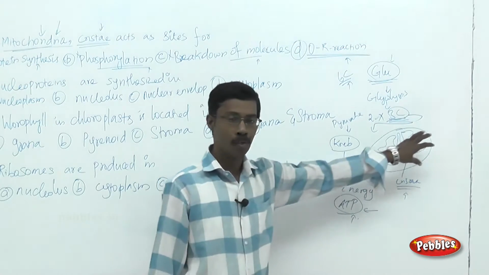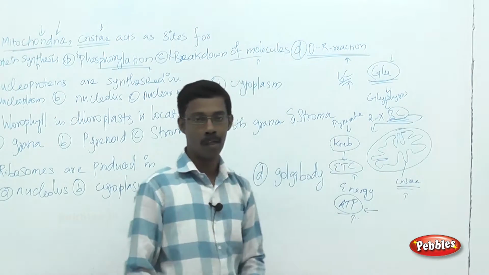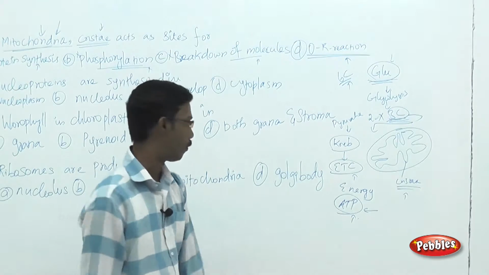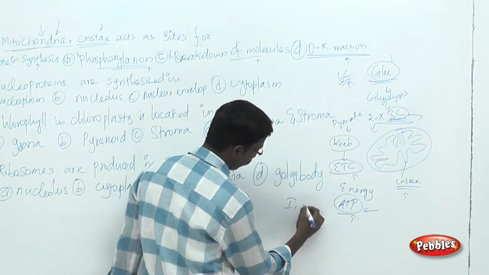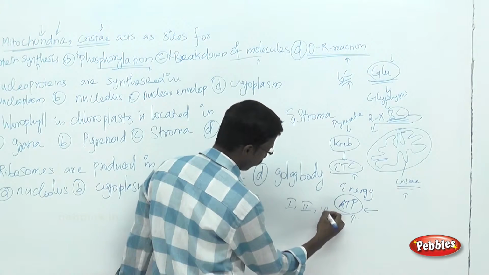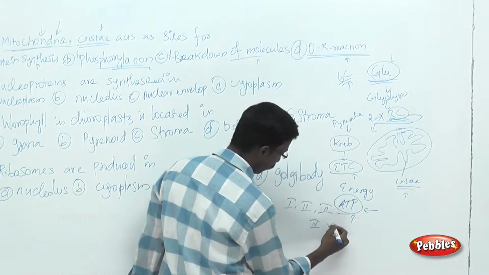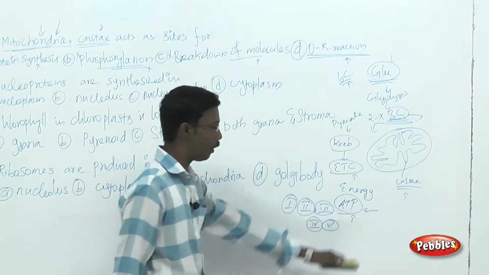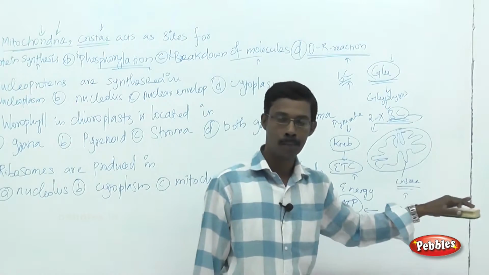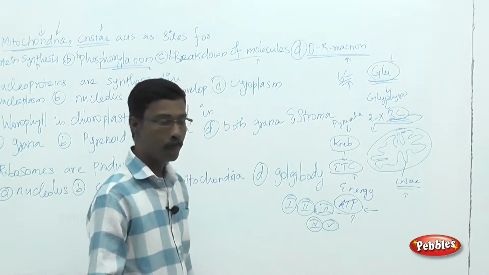In the cristae there are many groups of enzymes, many groups of proteins. We can classify them as Roman numerals 1, 2, 3, 4 and 5. There are 5 complexes of proteins present in the inner membrane, and those complexes are involved in ATP production.